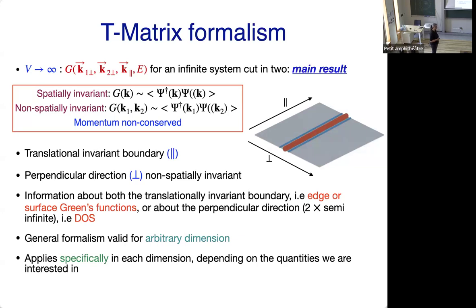You're not going to have a Green's function of x, but you're going to have a Green's function of x1 and x2. The Green's function in real space is no longer going to depend on x1 minus x2, but it's going to depend on x1 and x2, and then you just perform a Fourier transform of these Green's functions with respect to the two x's.